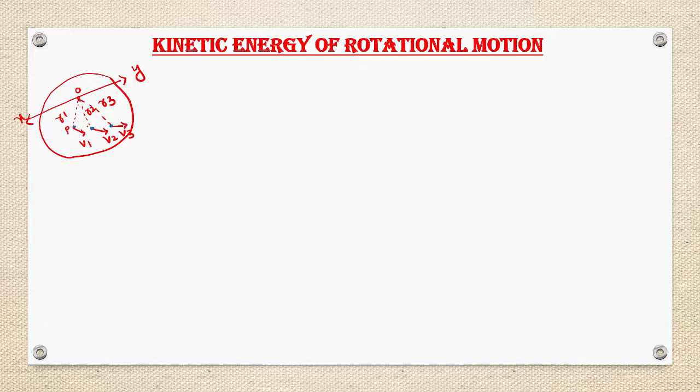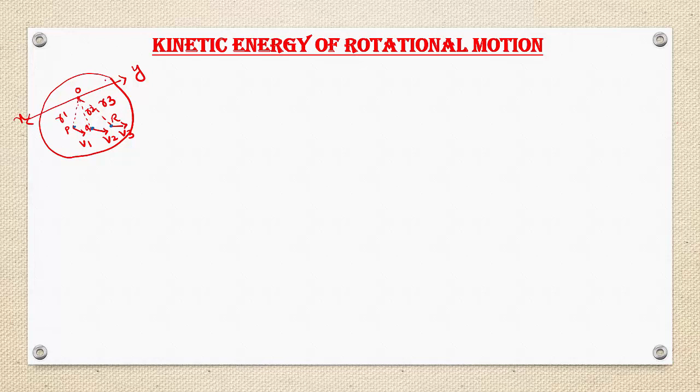We can take them as P, Q and R. These particles have velocities v1, v2, v3, and in rotational motion, the linear velocity for each particle is different. Is it clear? Observe here, we considered a rigid body. This rigid body is rotating about an axis XY.